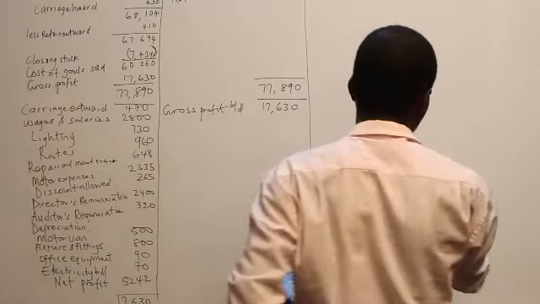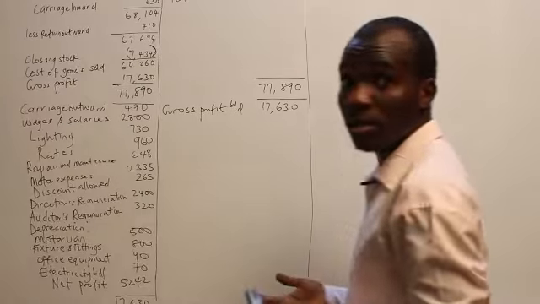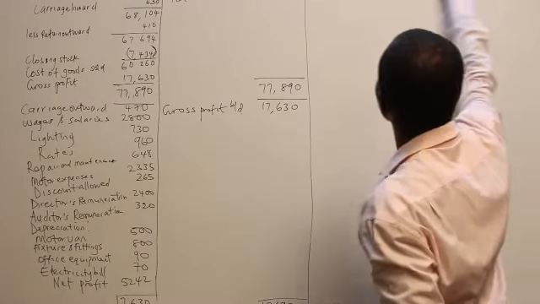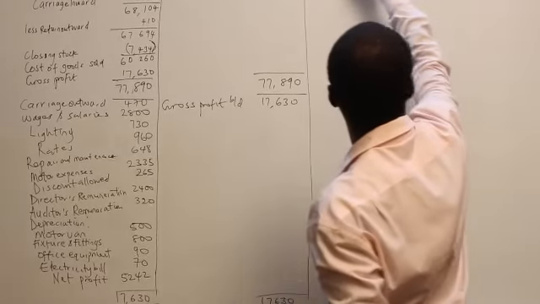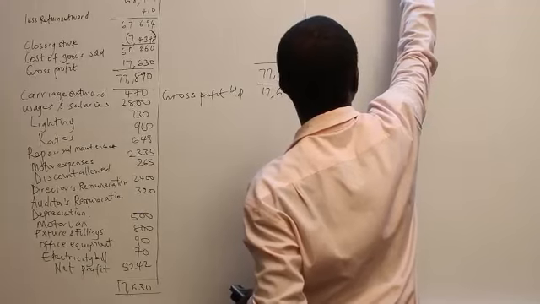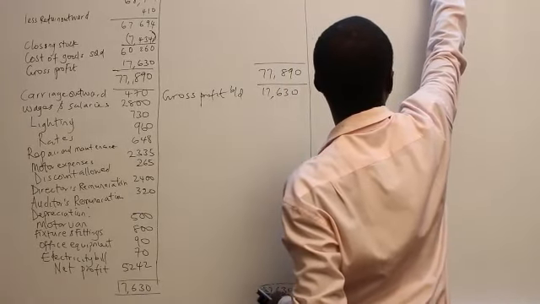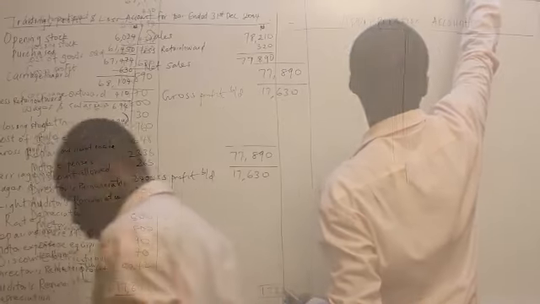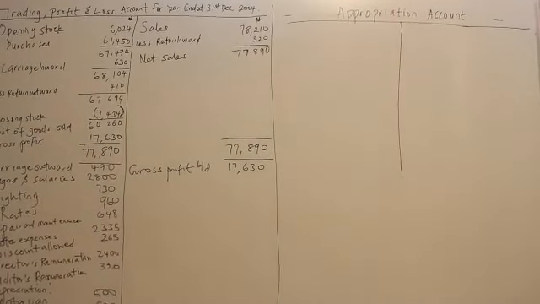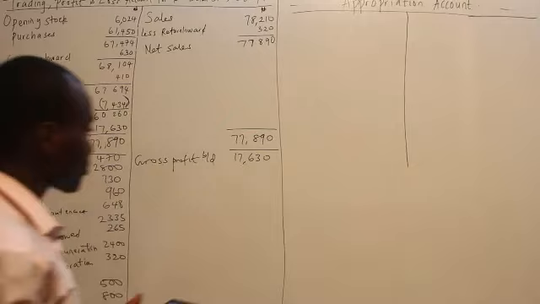So now is the appropriation account. What are we going to have?